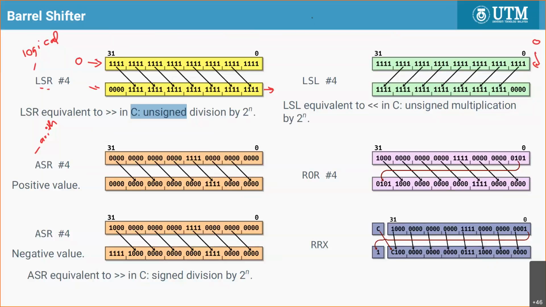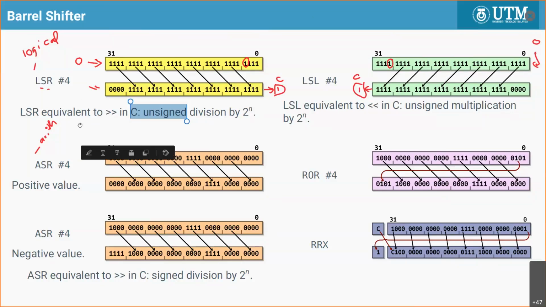So in this case, the carry will be 1 also. If you do logical shift left, we shift in 0 from the right, and the carry will take the last bit just before it gets killed. Here these numbers are all ones, so carry will be 1.